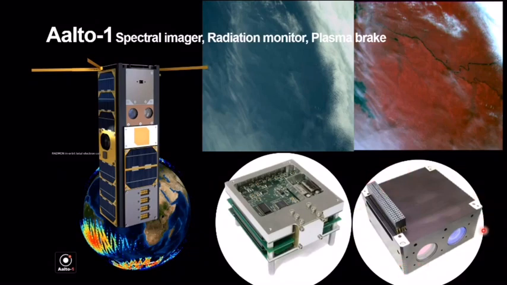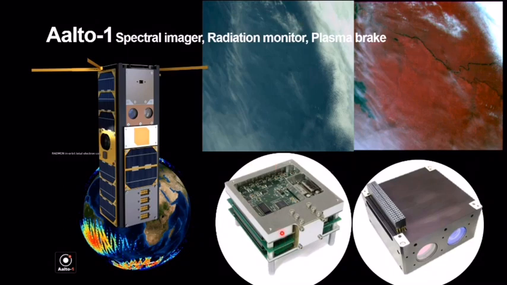This is a spectral imager plus a visible camera imager. Both cameras are integrated in a very small compact form, and you can see the image taken by this payload of the same area. One is this visible image, and the other one is this spectral image.